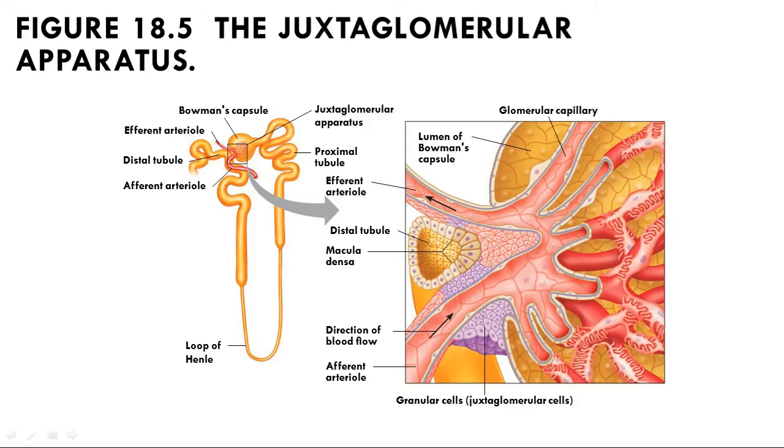Does the efferent constrict if there's not enough pressure? The efferent arteriole can, but the bulk of the constriction and dilation is going to happen at the afferent arteriole. Okay, and that's actually where I'm headed right now. Turn your attention to this.